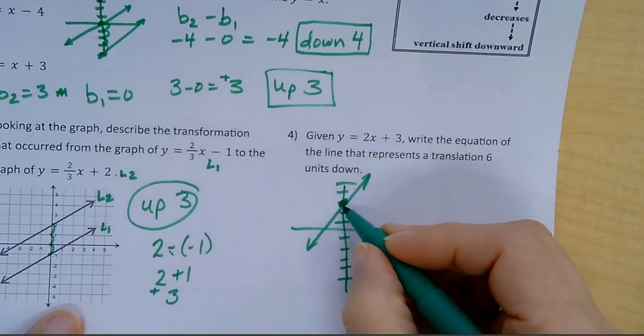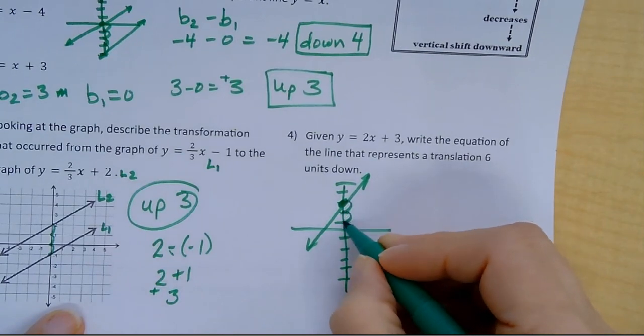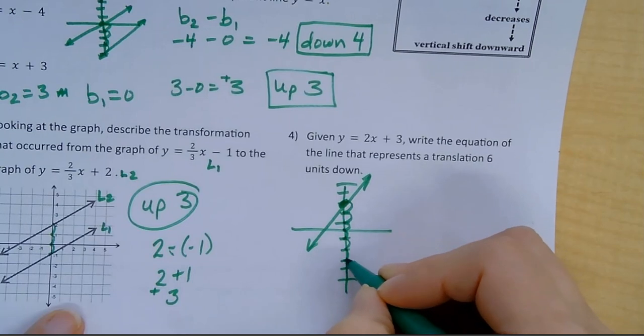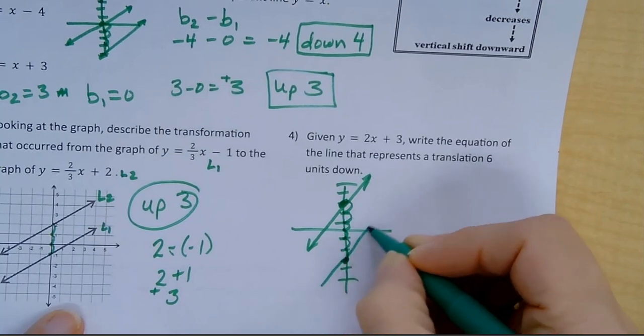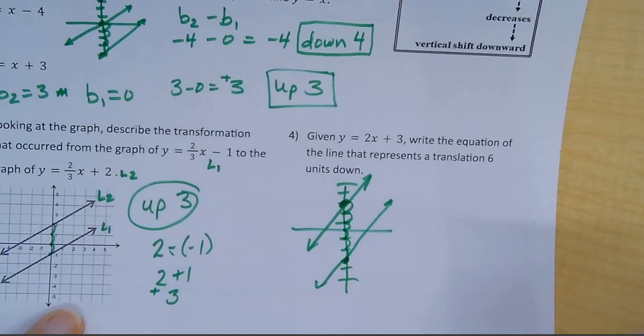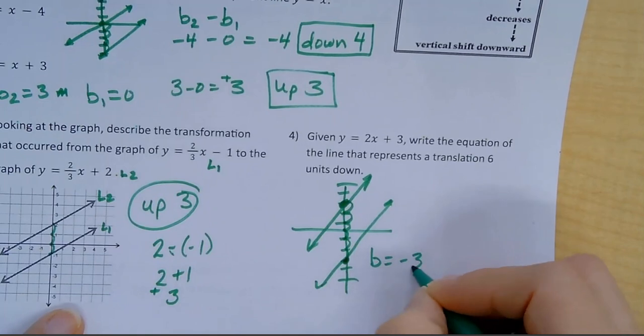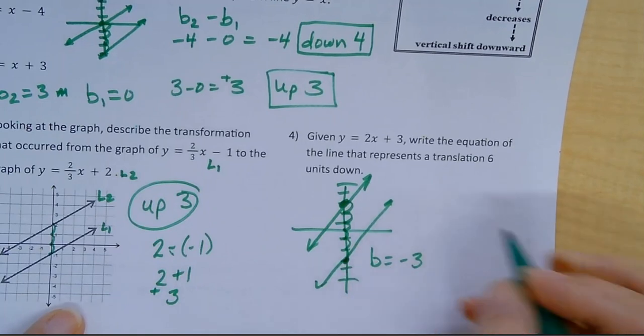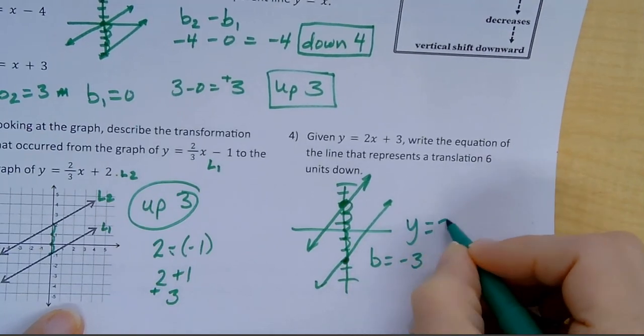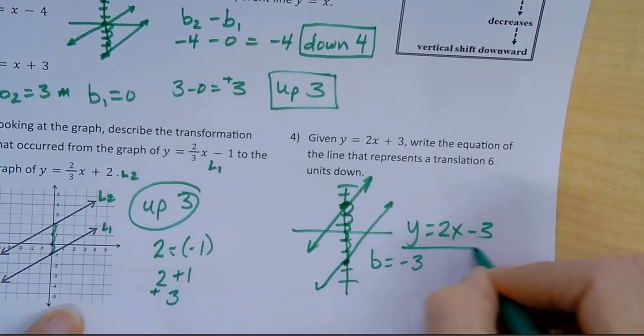If I start at 2x plus 3 and I go down 6, 1, 2, 3, 4, 5, 6, my new line is going to have the same exact slope by definition, because it's just translated down. You can see that the new b value is at negative 3. Okay, that's my new b value. So I would have y equals 2x minus 3 as my answer there.